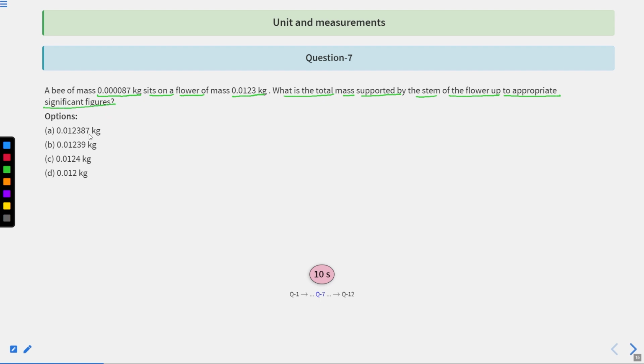Options are: 0.012387 kg, 0.01239 kg, 0.0124 kg, and last option 0.012 kg. Which one is correct? You have 10 seconds to solve this question. After that we will provide the solution.